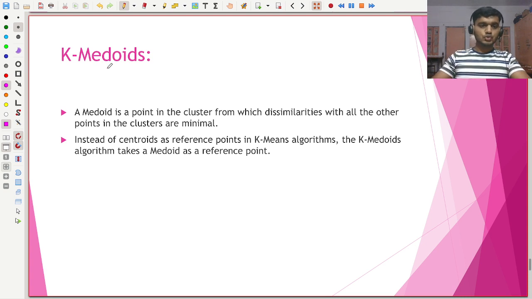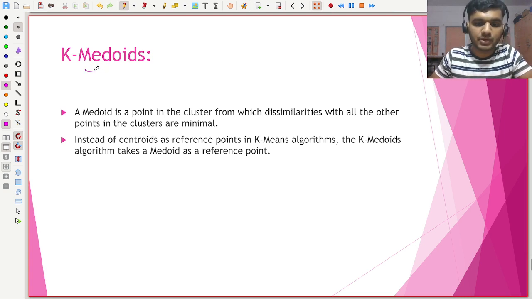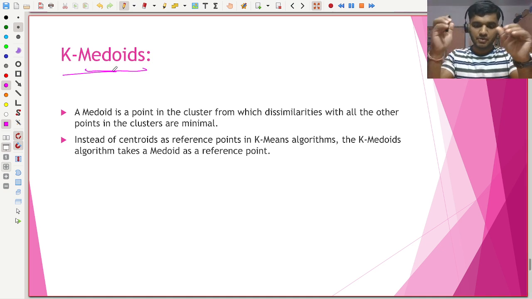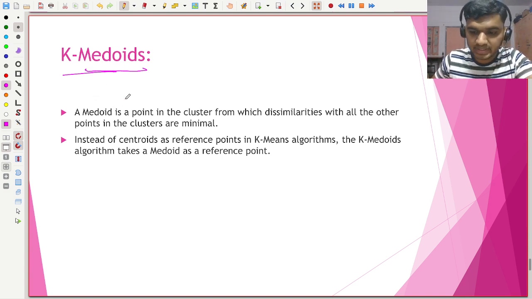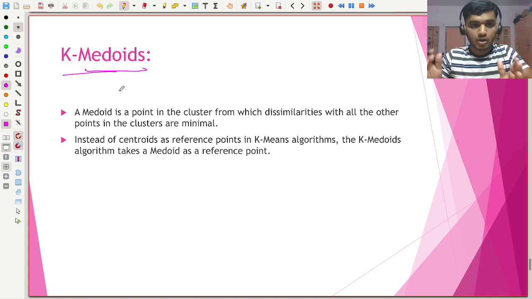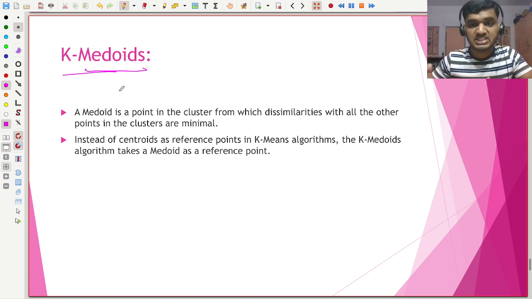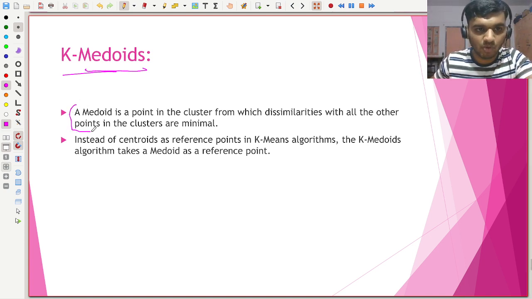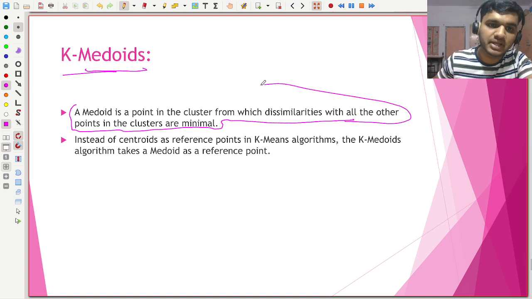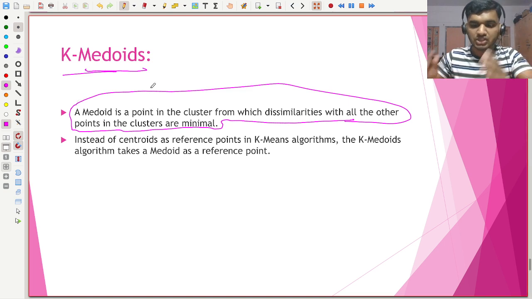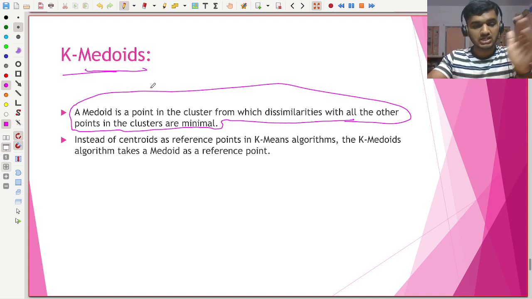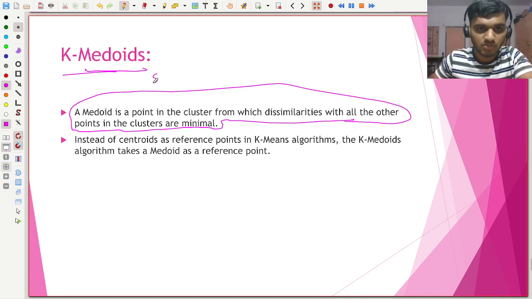Next we will discuss k-medoid. K-medoid is the same as k-means; the only difference is that a medoid is a point in the cluster from which the sum of dissimilarities with all the other points in the cluster is minimal. A medoid is a point in the cluster from which the sum of the distances to other data points is minimal.